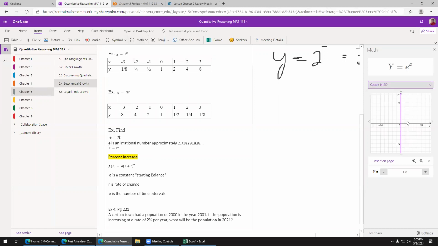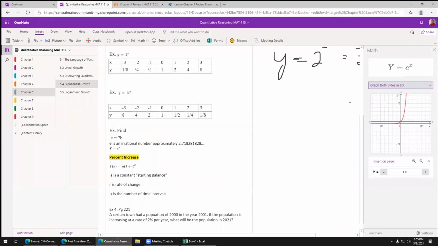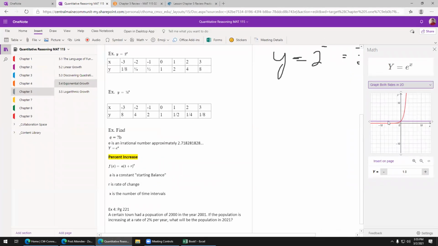Oh, is it because I have a capital Y? There, it went. You can see it looks very similar to the one we just did before because 2.7 is not a big difference from 2. What makes it interesting is it crosses right at 1. But again, it's just one of the special cases. So not a big deal.